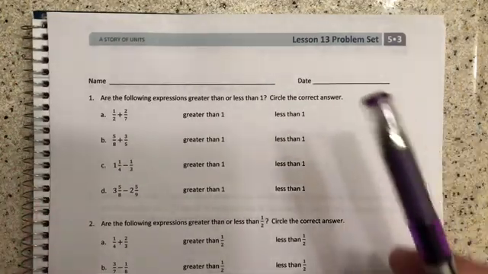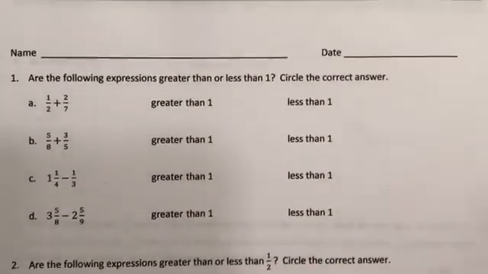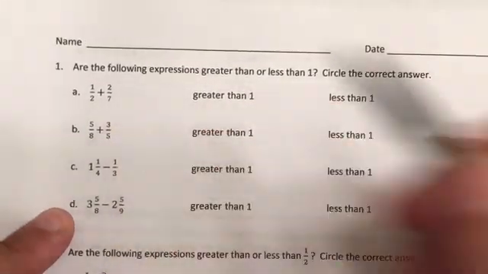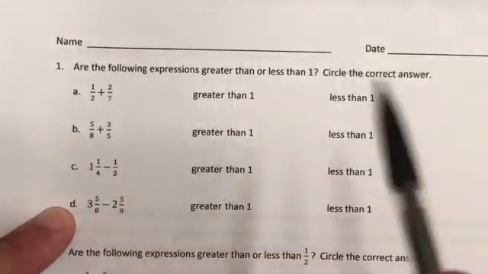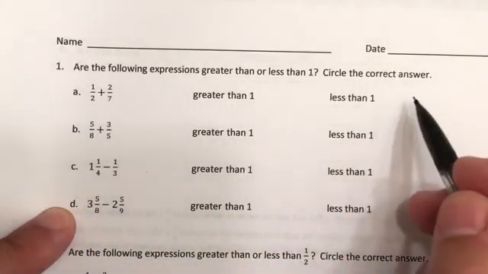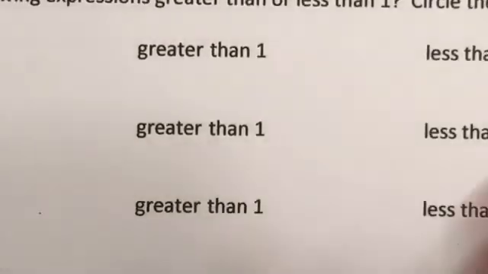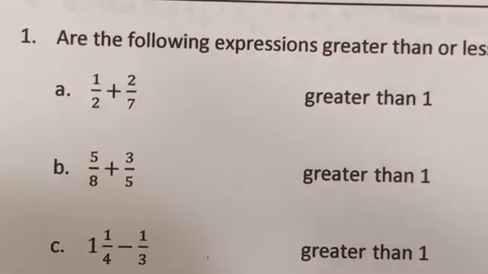All right. So number 1, letter A. We have 1/2 plus 2/7. This is pretty easy as far as getting the lowest common denominator. I'm going to do the arithmetic over here, which is the work.